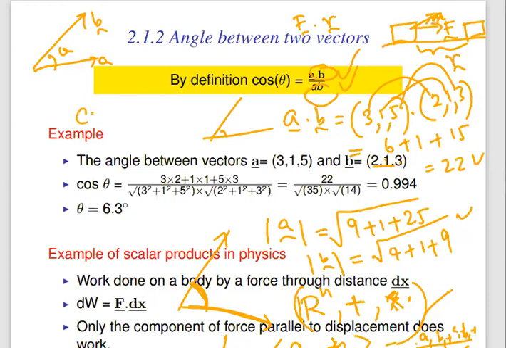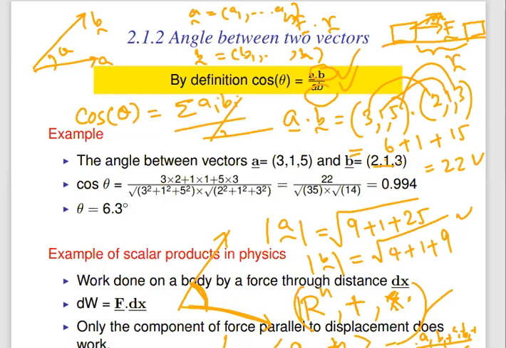If you want to find the angle between two vectors, this is the way. If you have n-dimensional vectors A with components A1 up to An, and another vector B with components B1 up to Bn, then cos theta is the sum of Ai Bi divided by the product of the magnitudes, square root of sum of Ai squared times square root of sum of Bi squared.